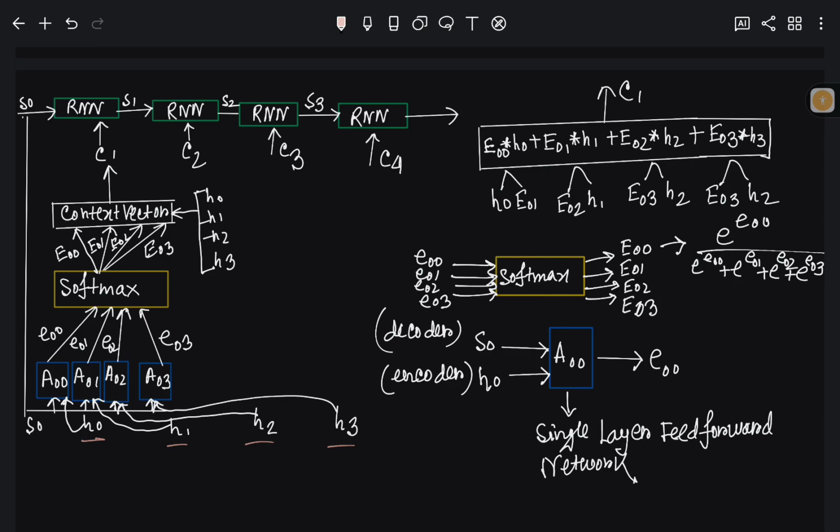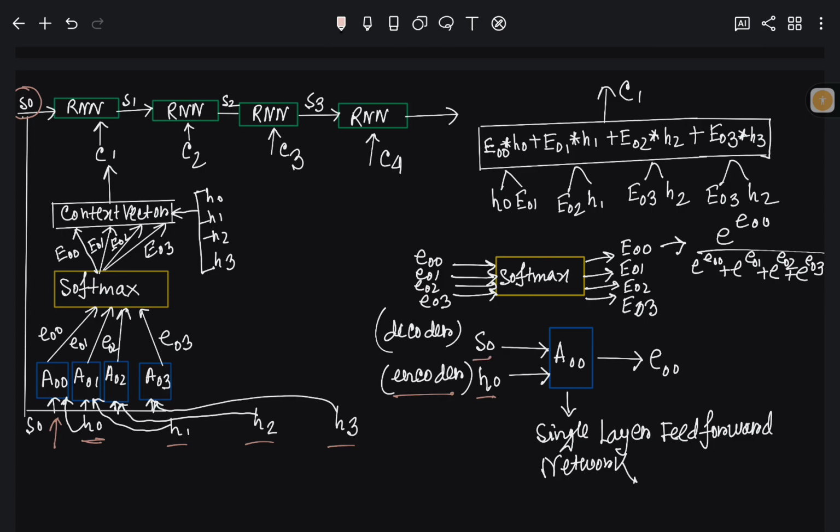We have our regular H, which comes from the encoder layer, the H0, and also the previous timestep input from the decoder side. If you see here, we have S0, and that S0 flows here and is used as an input for this A00.